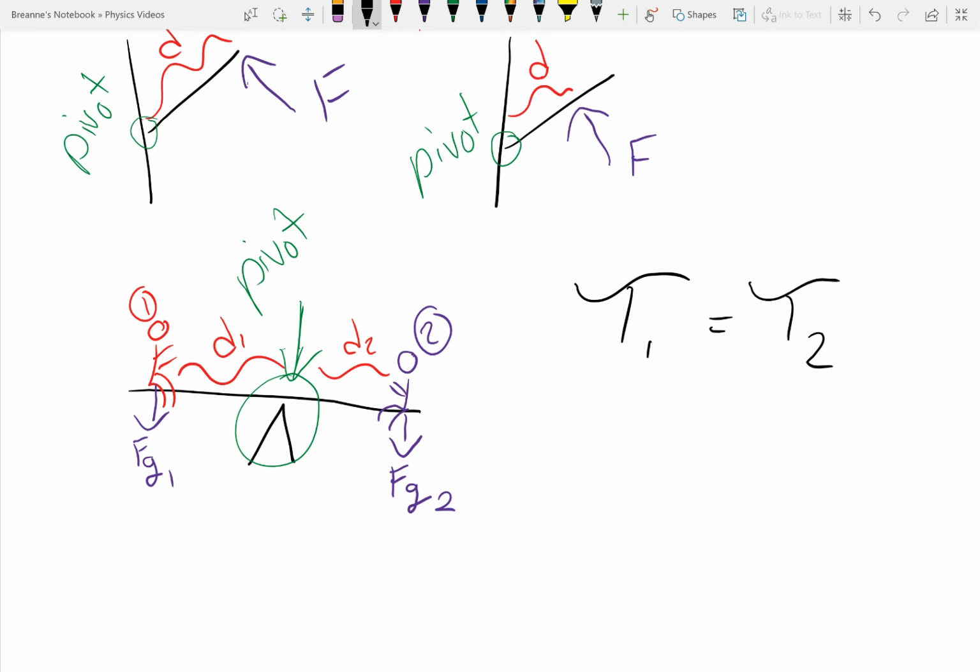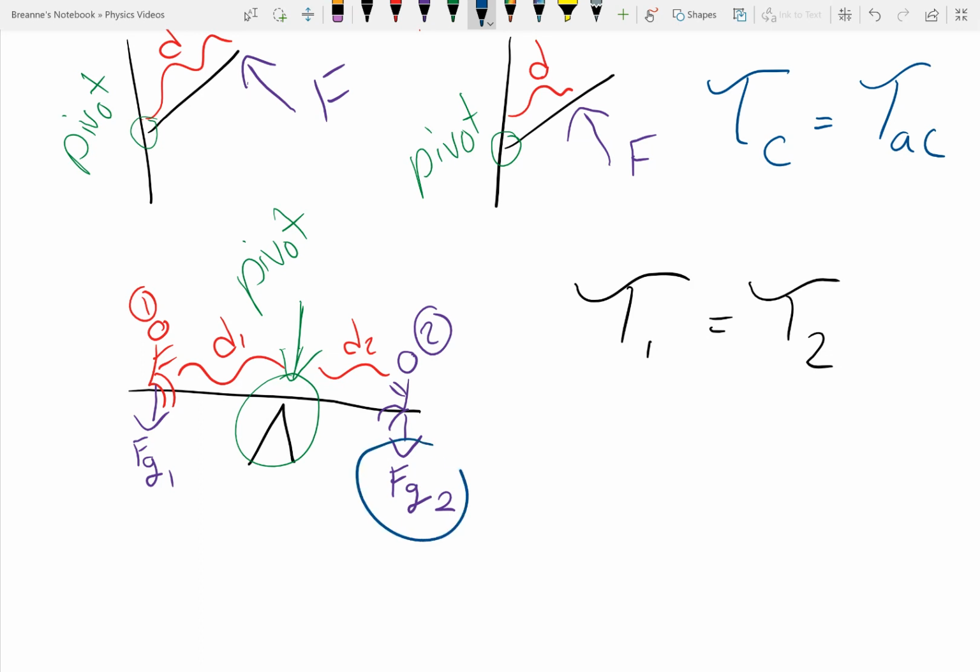On the notes, another way you saw it is torque of C equals torque of AC. That's just talking about clockwise and counterclockwise. You have to think about how the object is rotating.